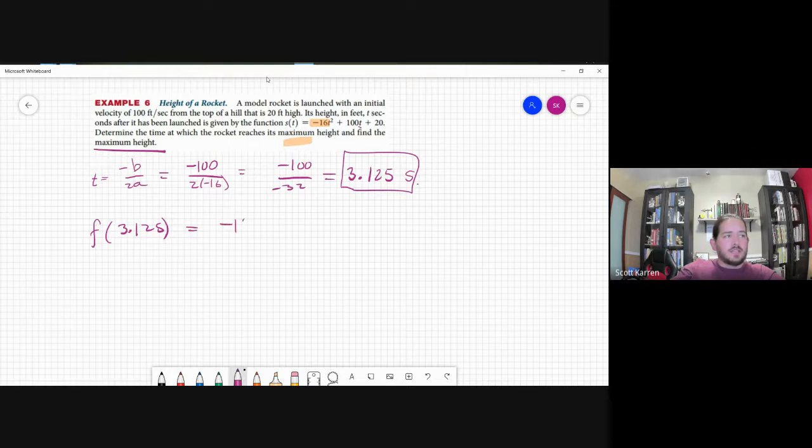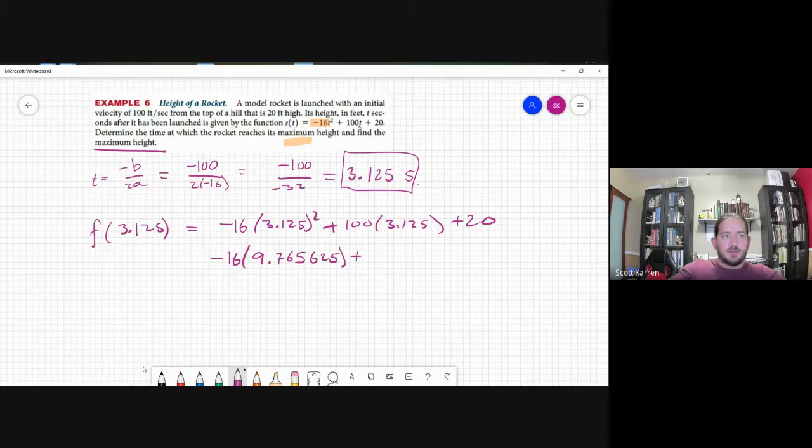I've got negative 16 times 3.125 squared plus 100 times 3.125, and then plus 20. 3.125 squared is 9.765625.